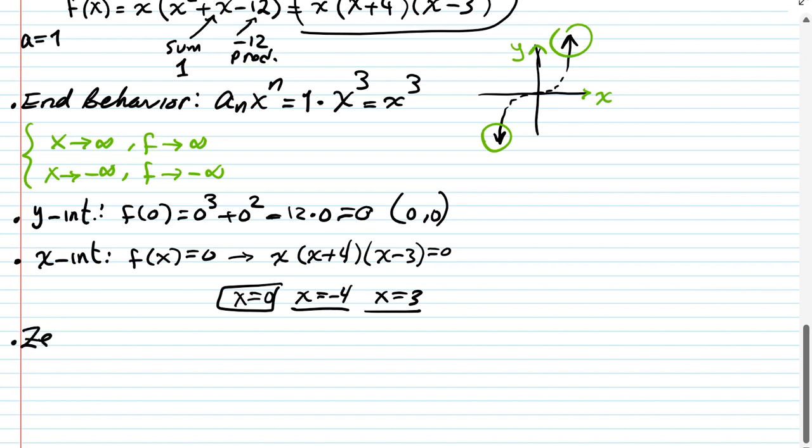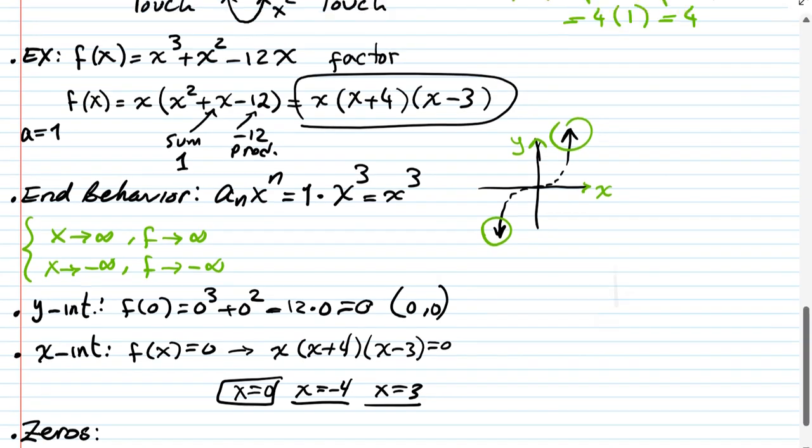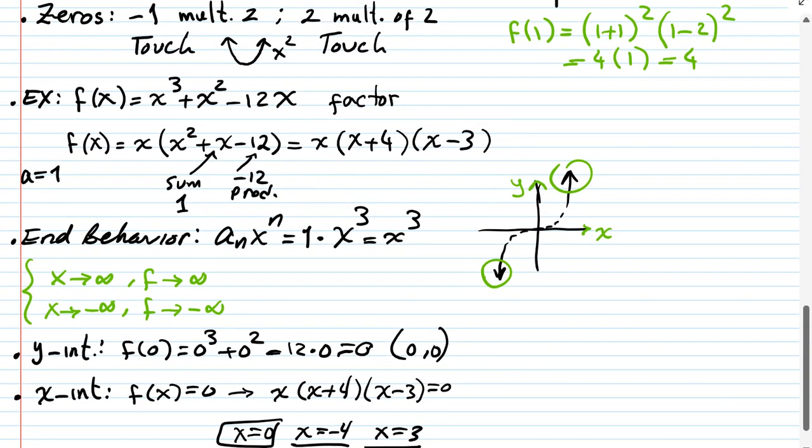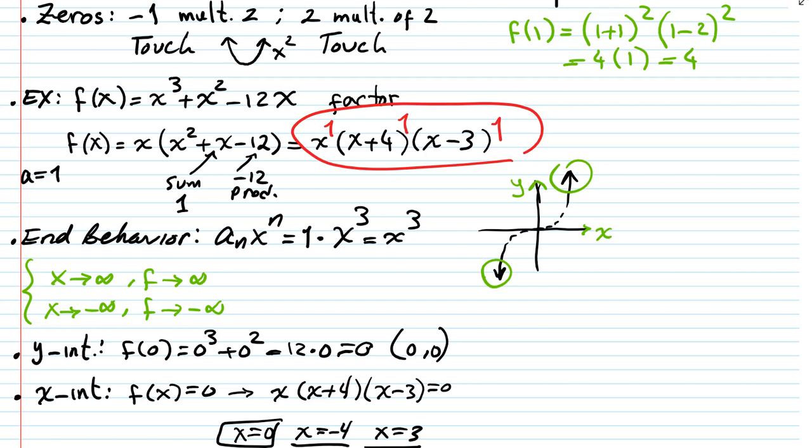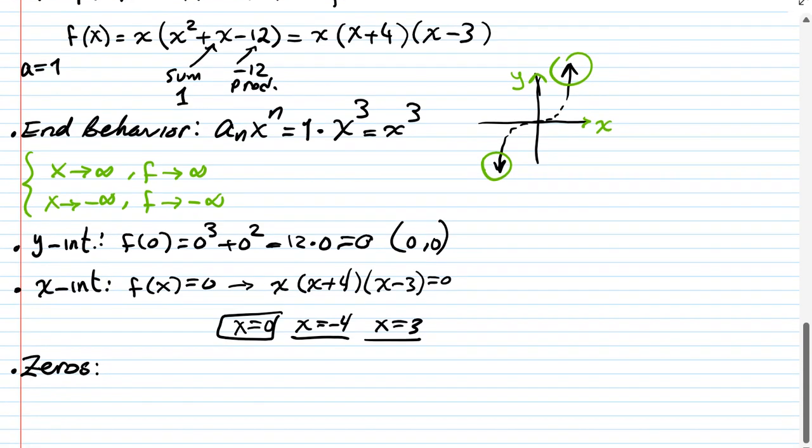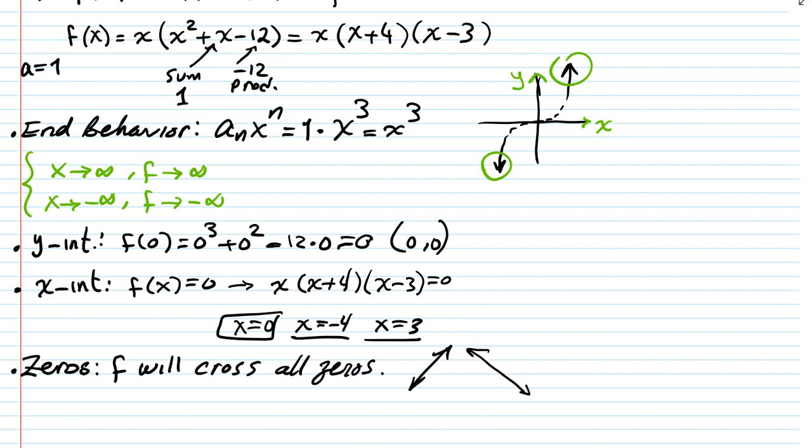And then from those we get our zeros. Each factor here has a multiplicity of 1: x plus 4, x minus 3. Each of those you can rewrite with an exponent of 1. So for each of these zeros, the function will cross. And because they have a single degree, they're linear, it will cross just like a line does, this way or this way.